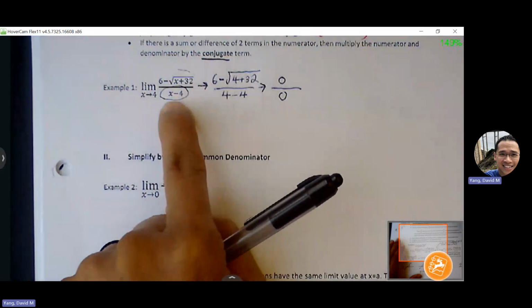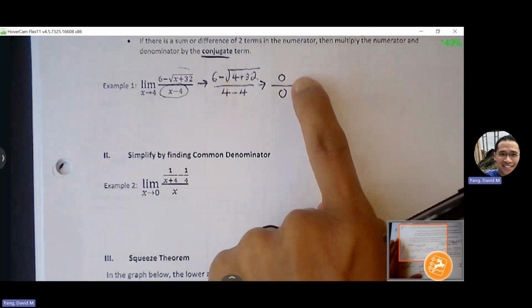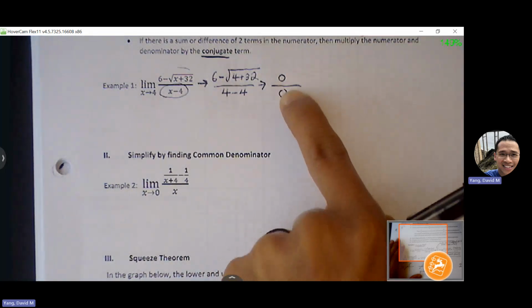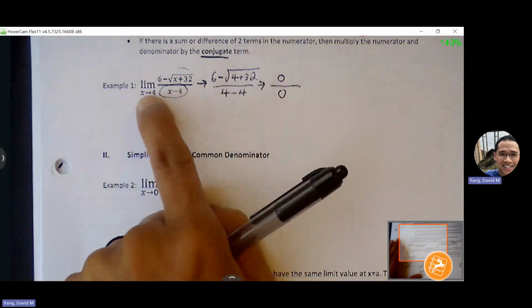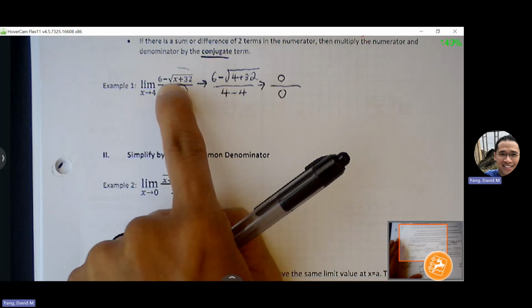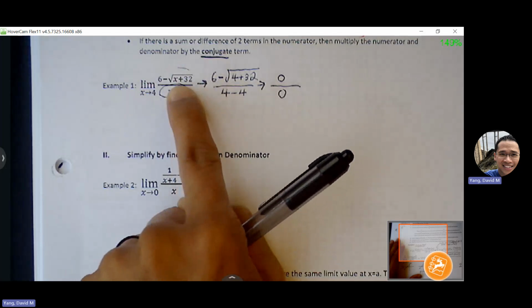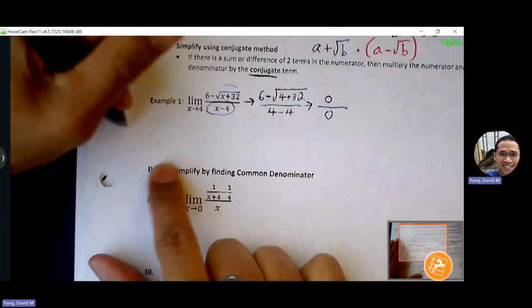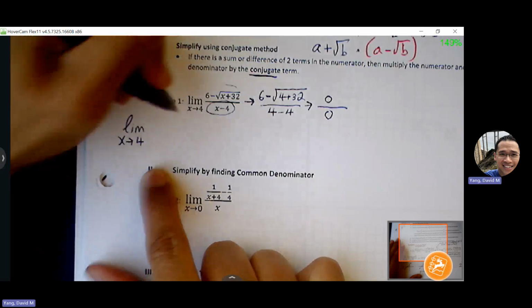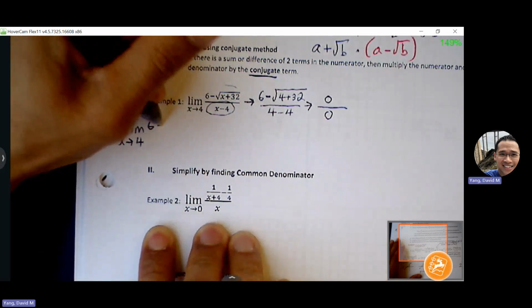We want a numerator to show an x minus 4 because we know there must be an x minus 4 hiding. Otherwise, we wouldn't be getting a 0 in the numerator and 0 in the denominator. Okay, so that's a hint that we're hoping that an x minus 4 will appear when we do our cleanup with the numerator. All right, let's rewrite our limit expression. I'm going to rewrite my entire expression here.